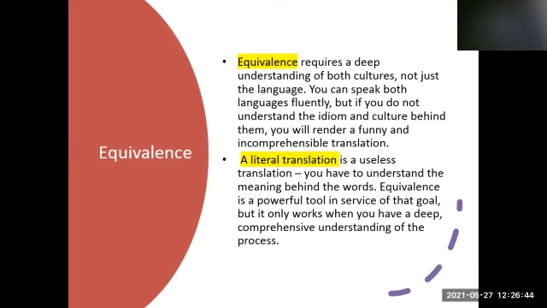It doesn't mean anything at all. Sometimes, and you can try that, just put any sentence on Google Translate, and you will have a funny translation because this is a literal translation. So equivalence is a powerful tool that serves the goal of rendering an equivalent, accurate, adequate text.